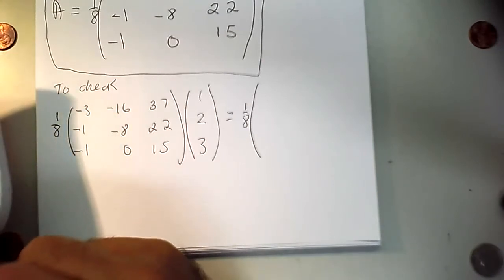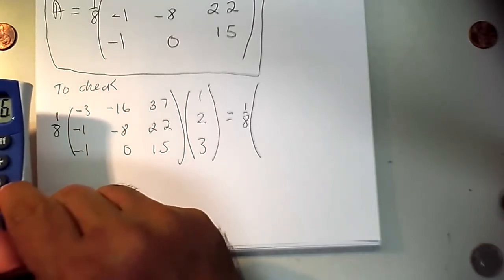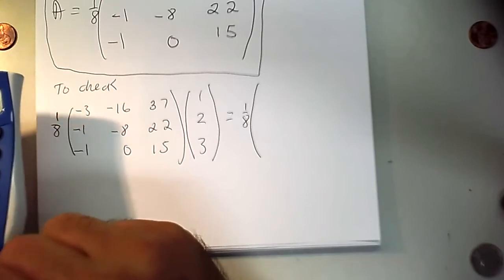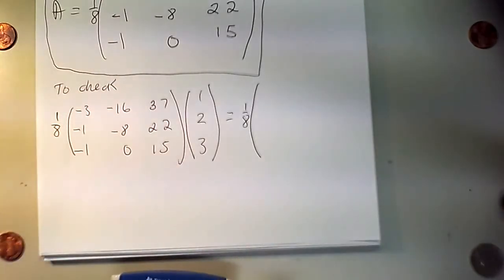That makes me nervous because 76 divided by 8 is 9.5, but we are supposed to get 5. Let me check this.